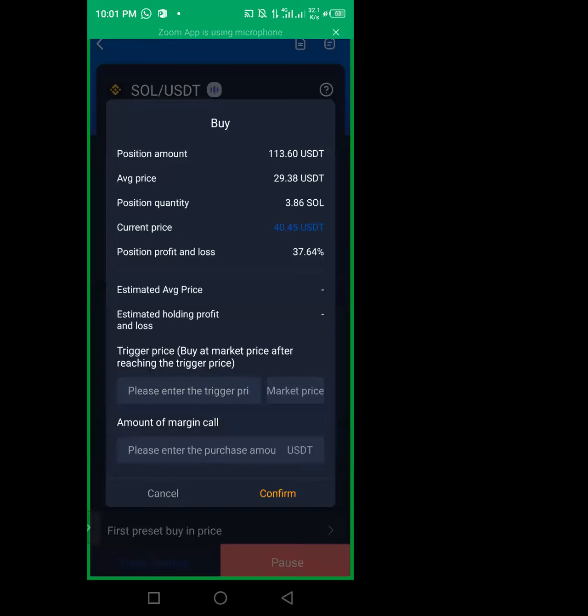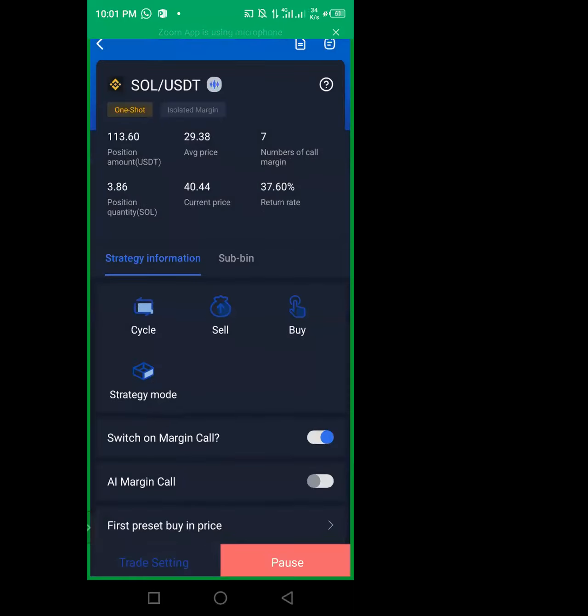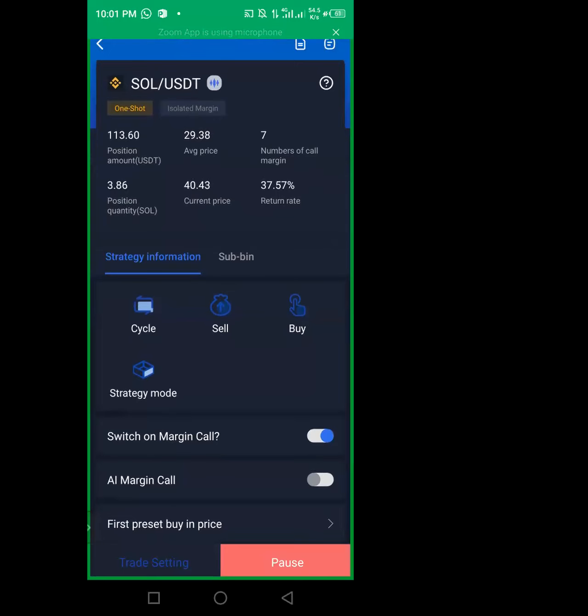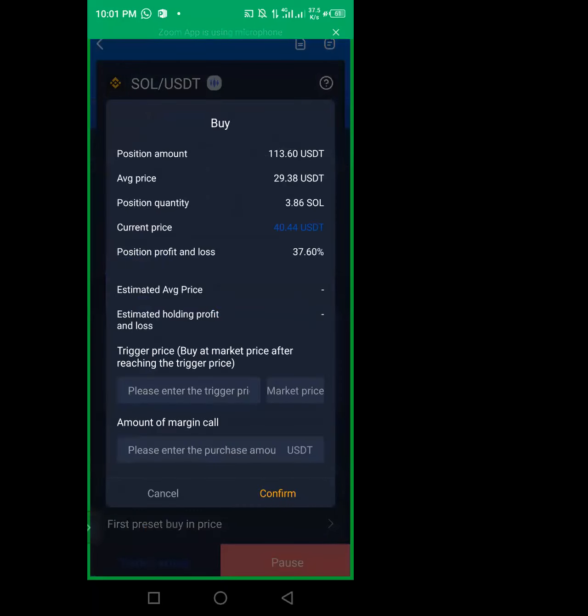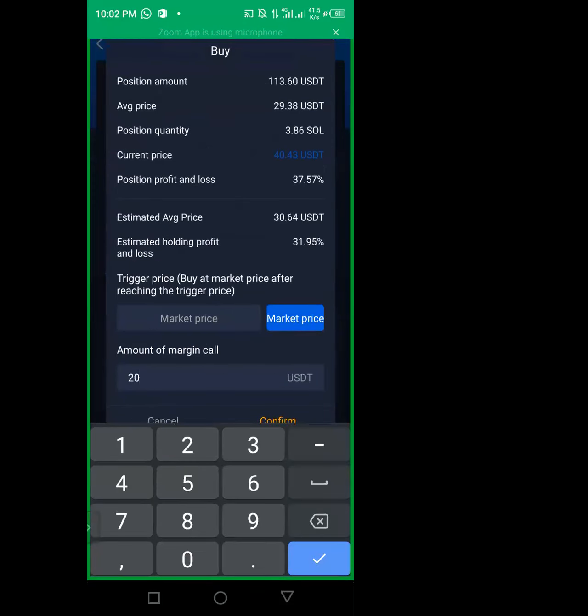Now, if the return rate reduces, maybe they see that the return rate is minus 2%. That means the coin has reduced by 2%. They will click on buy, click on market price, then they will add 20 in amount.